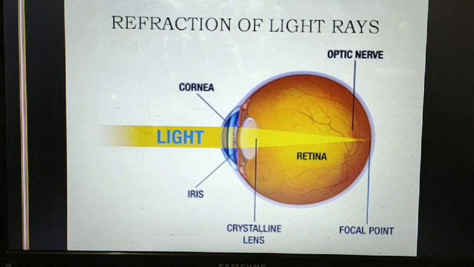The light rays pass successively through the cornea, aqueous humor, then the lens, which is the crystalline lens, and vitreous humor. A lens bends light rays to converge or diverge.